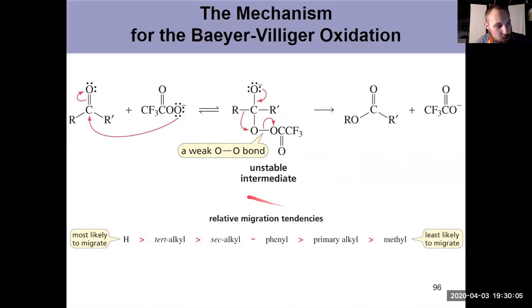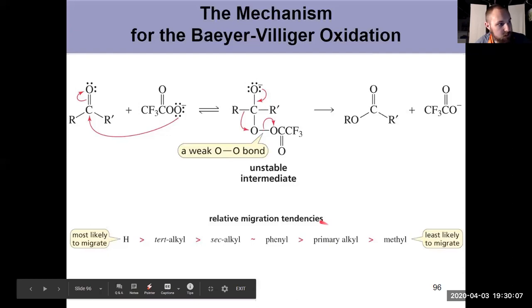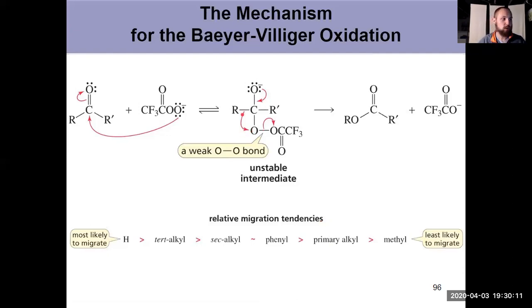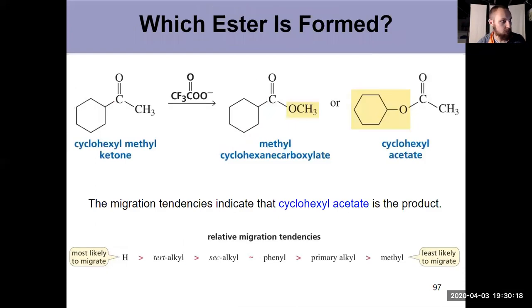And these migration tendencies dictate where the oxygen ends up being bonded to, which is important if your ketone wasn't symmetrical to start with, right? Over here, for example, cyclohexylmethylketone, right? Not symmetrical. So do I put the oxygen in this bond or in this bond? Right?